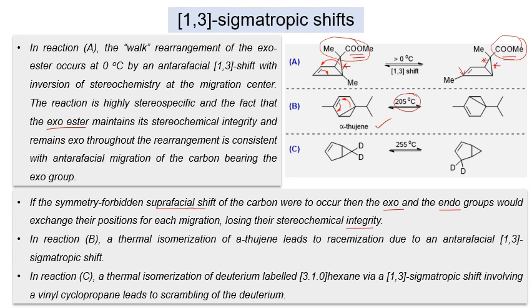In the next example, that is example C, there is a thermal isomerization of this starting material, which proceeds via the formation of a vinyl cyclopropene.